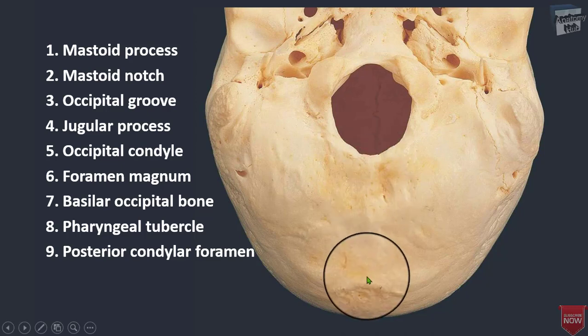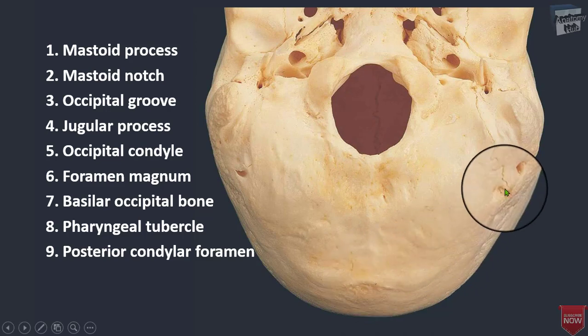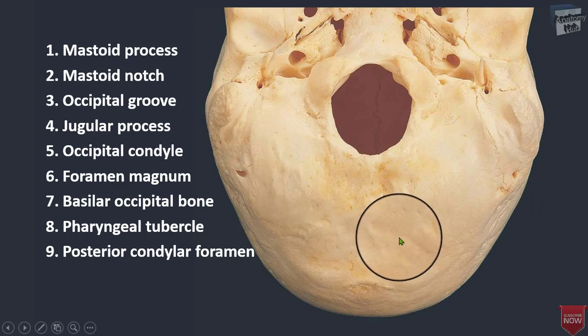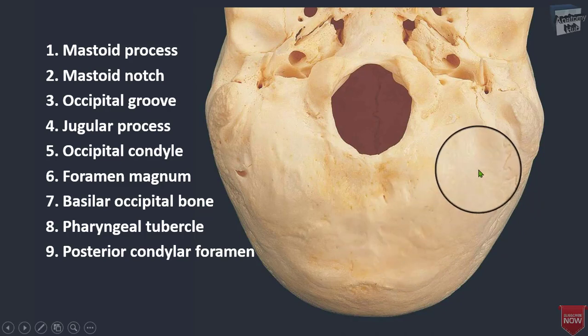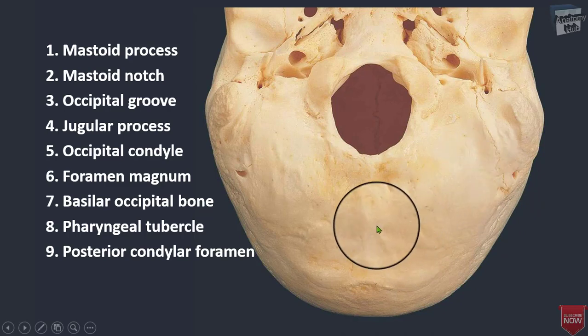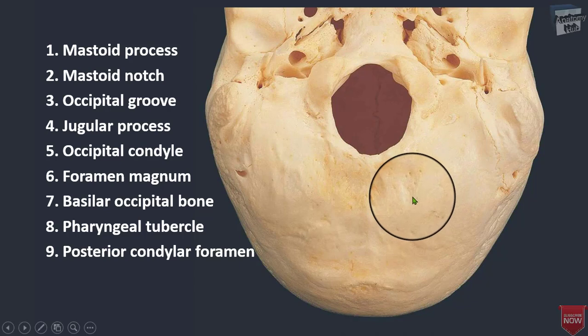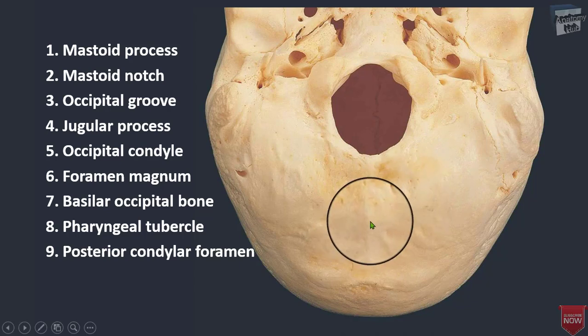The inferior nuchal line that you can see over here is actually faint in nature, but you will find it in other skulls. This inferior nuchal line is a transverse ridge extending laterally from the midpoint of the external occipital crest.